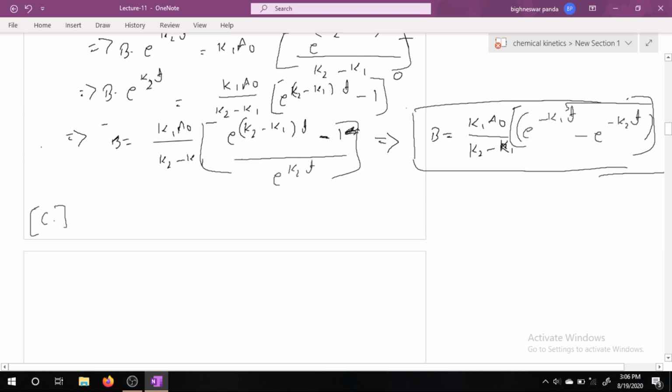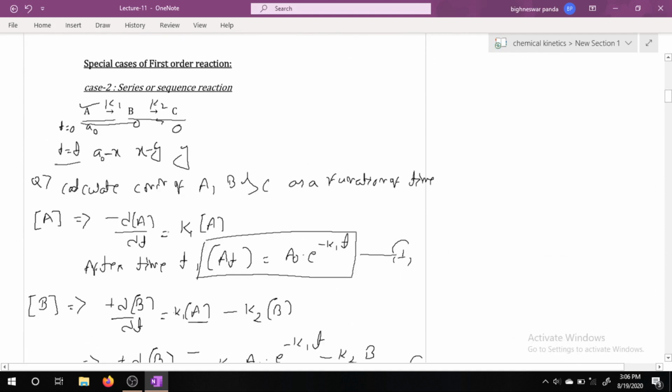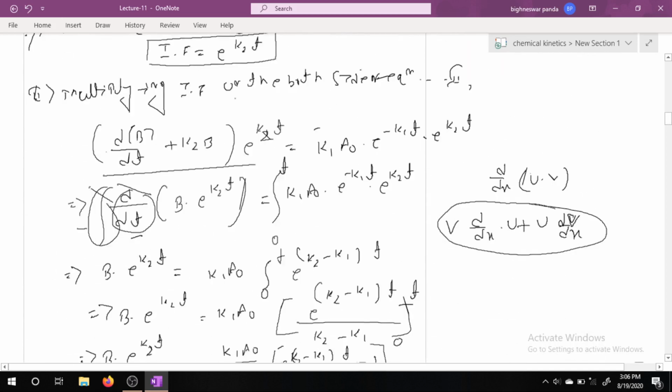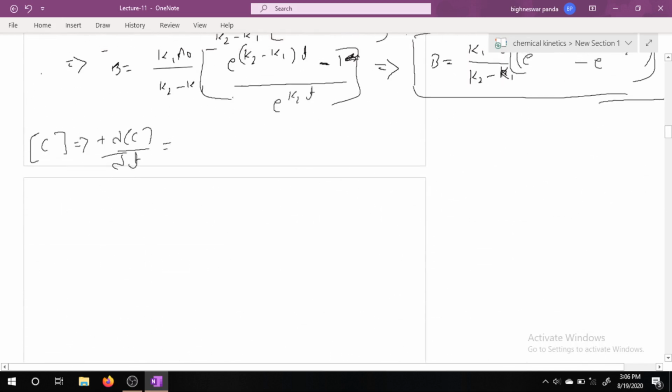C is a product, and C comes in only one equation, that is, it acts as a product only. So I can write dC by dt is equal to k2 B.